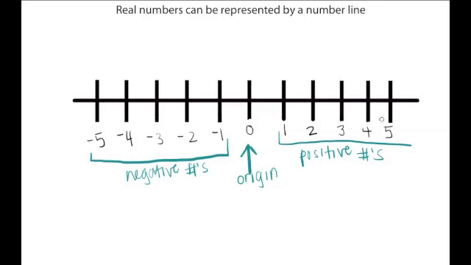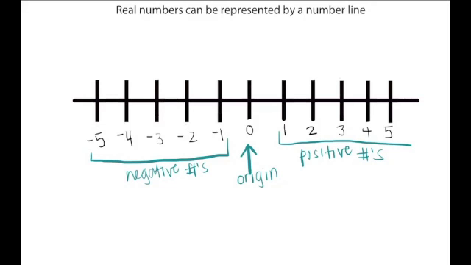And so if we wanted to see how the numbers decrease, they decrease going towards the left side. If I use the example of 5, it would be 5, 4, 3, 2, 1, getting to 0, and then we start submerging into the negative numbers. So it increases going from left to right, and decreases from right to left.